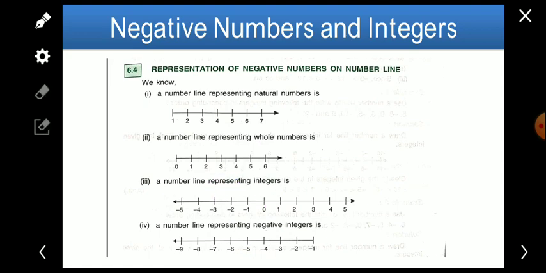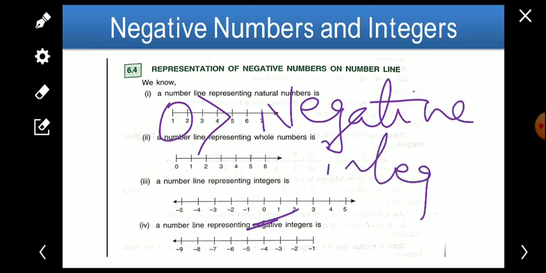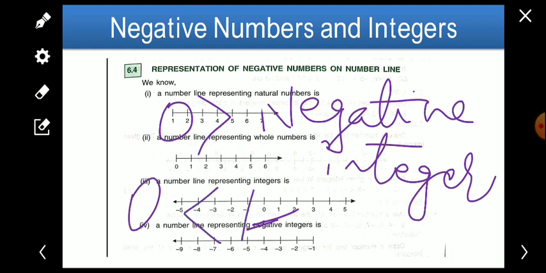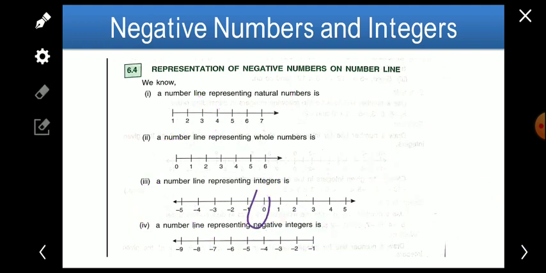Like this, it is on the right side of all the negative integers. That's why 0 is bigger than a negative integer. But 0 is smaller than positive integers, because it lies on the left side of all the positive integers.